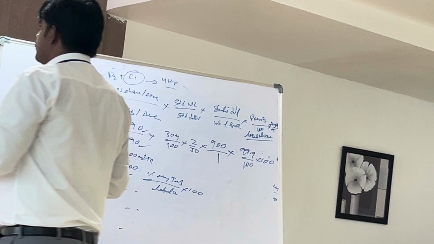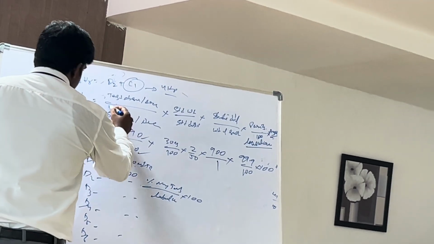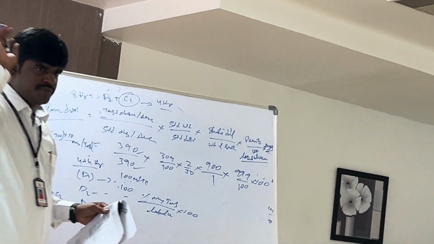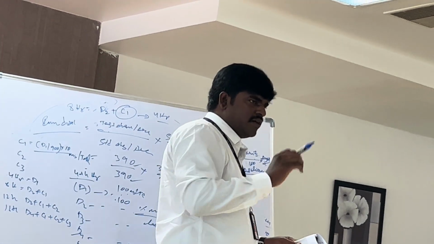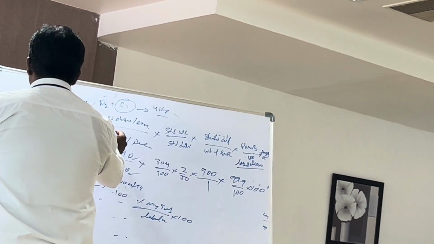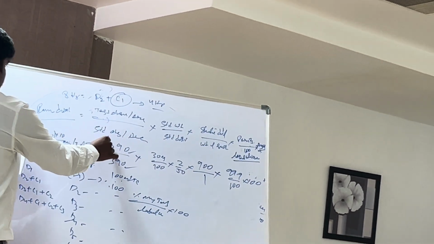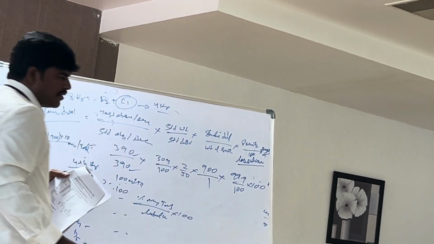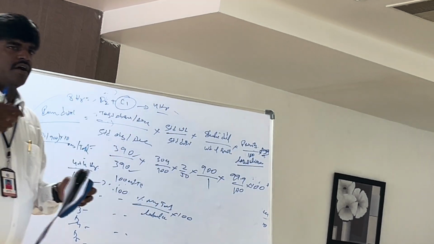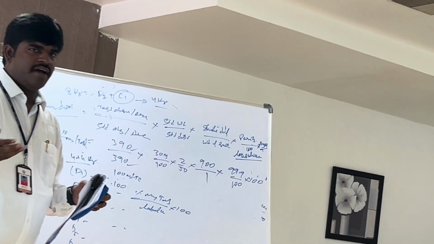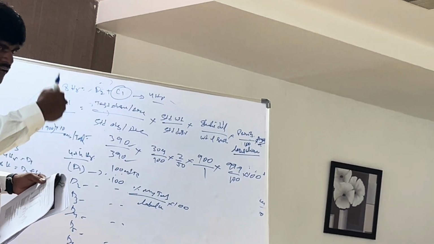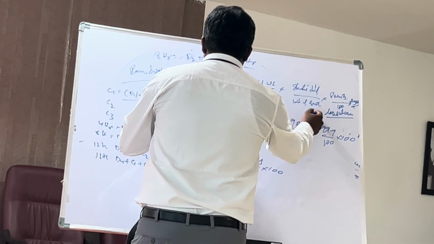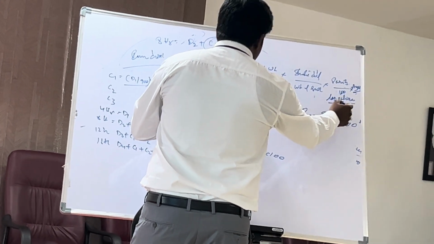You come to the formula. Anywhere you see, first comes the test absorbance, test area or test solvent area. So first you need the test solvent area, then the standard solvent area, and then the standard solvent weight. Whatever the respective solvent weight they have given, they will take the solvent and dilute it, and the same for the test dilution, divided by test weight, into purity of the standard.